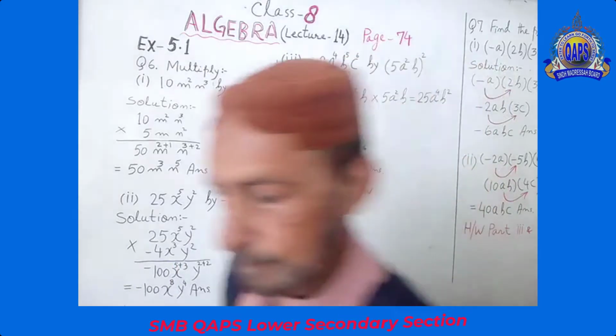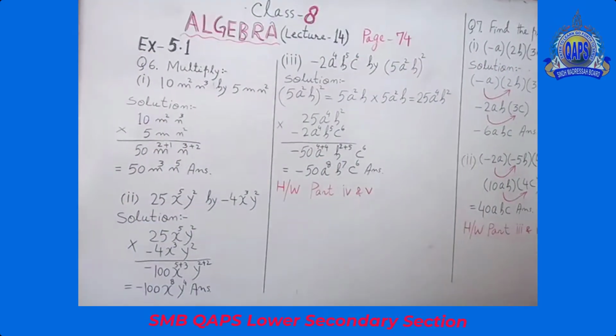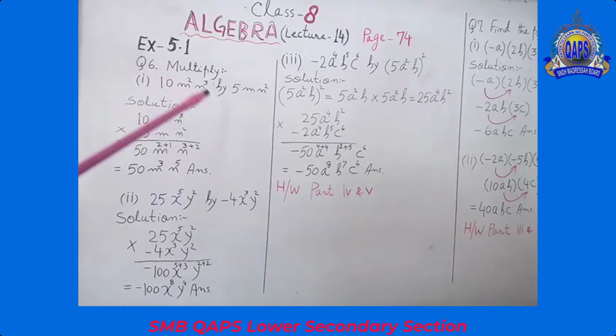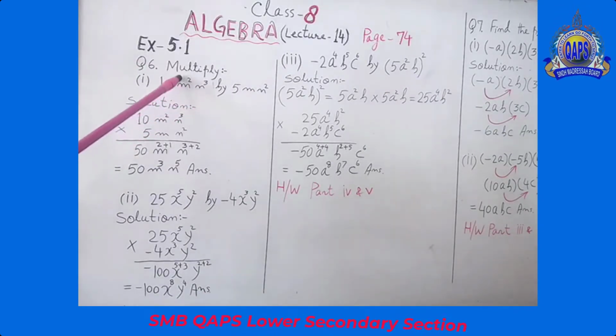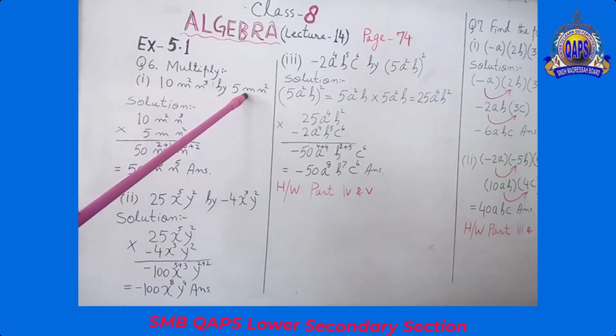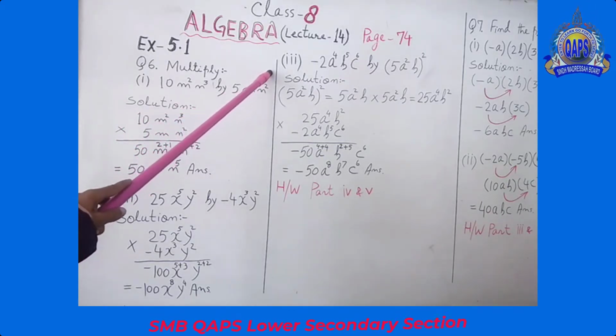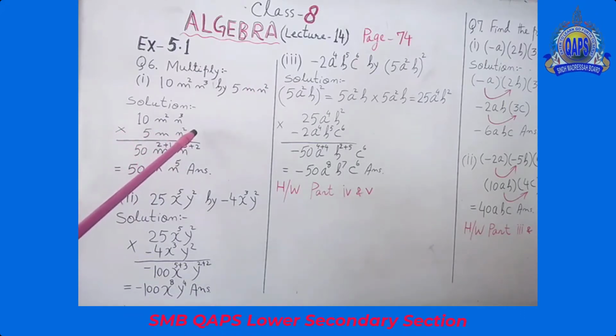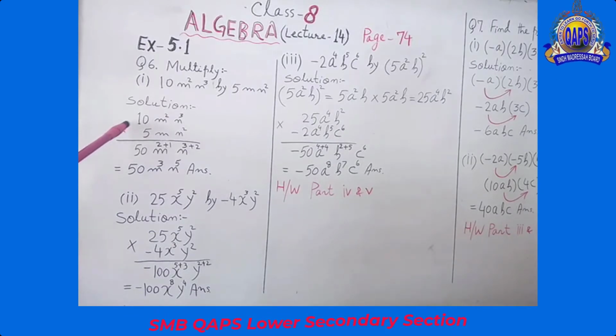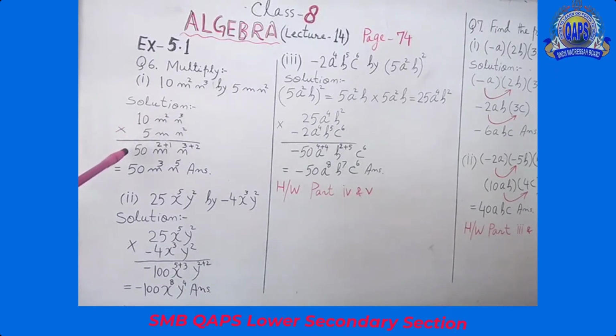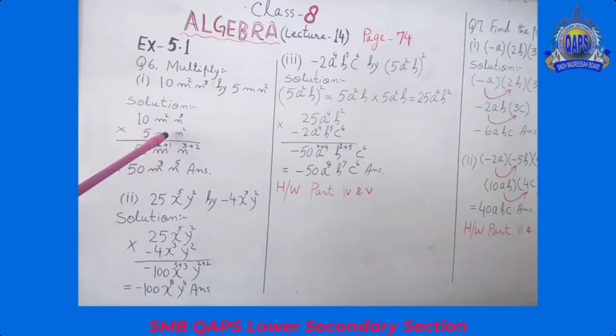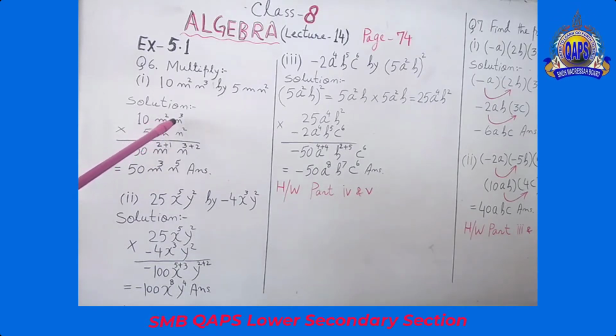Concentrate upon the board. m power 2 and 3. I wrote it over here. Multiply by 5m and power 2. I wrote it over here. This is a sign of multiplication. Multiply. 5 tens are 50. m multiply by m2.